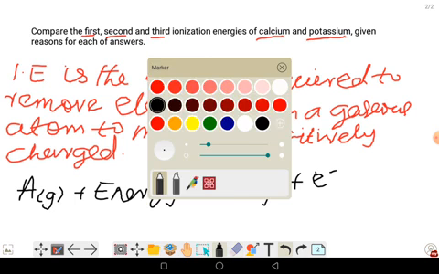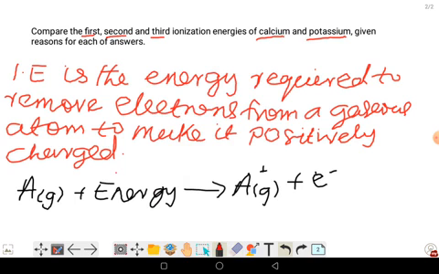This particular energy here is the IE. You can see that the energy was invested in order to pull out the electron from the gaseous atom.